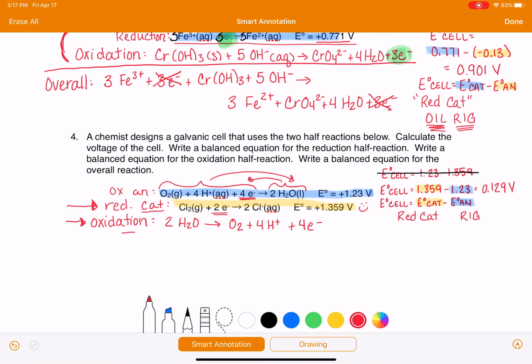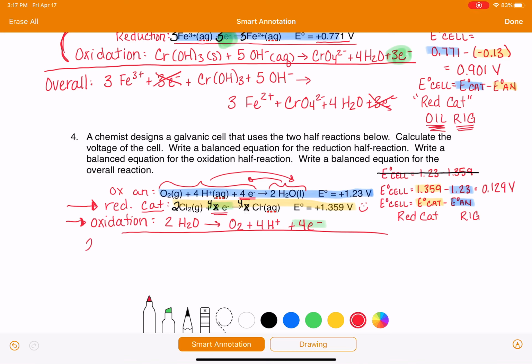And the last thing that we need to do is combine these two half reactions together. Before we combine, we have to make sure that the number of electrons in each half reaction is matching. The reduction half reaction only has 2 electrons in it, which means we need to multiply everything in this reaction by 2 so that both of the reactions have 4 electrons.